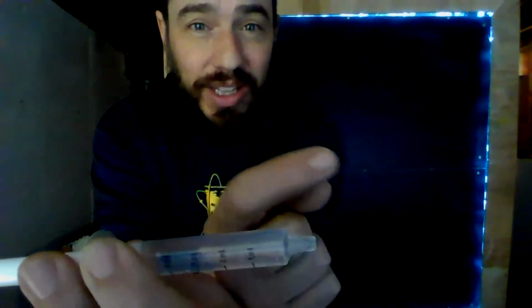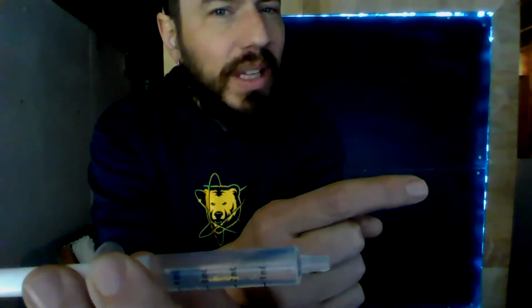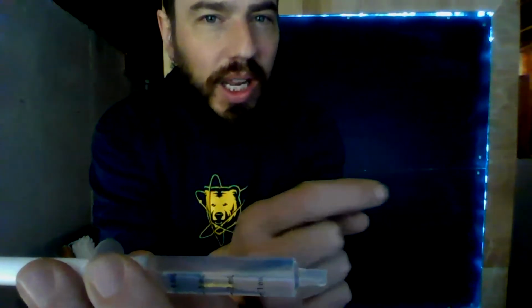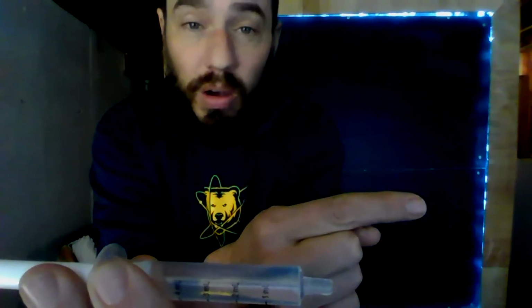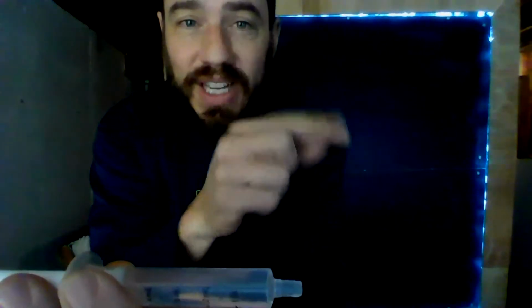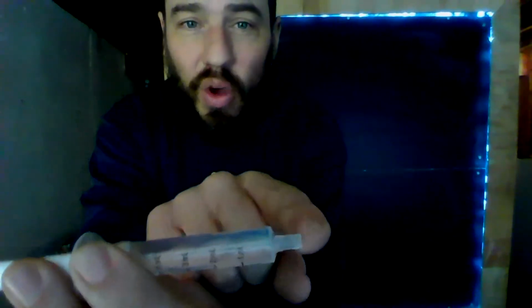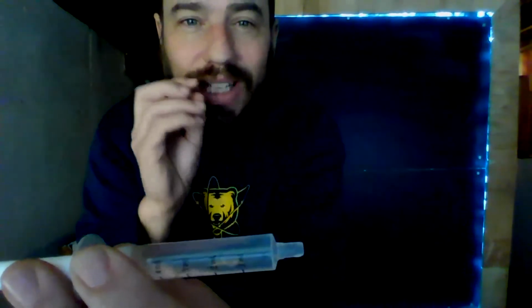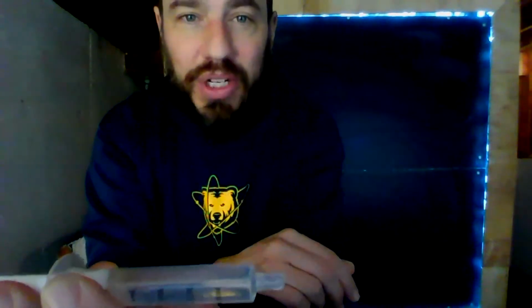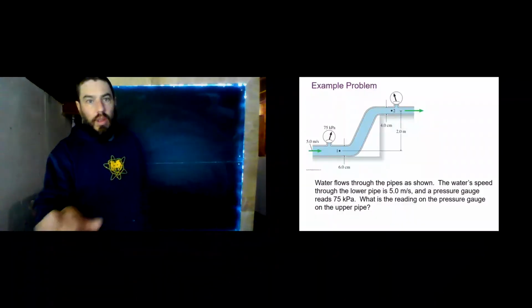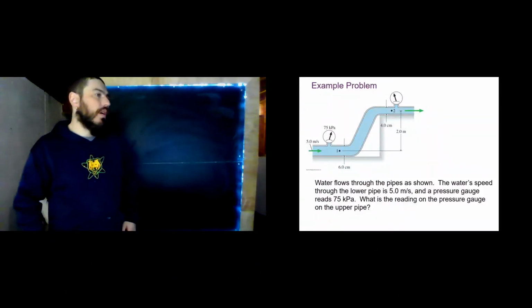We must have an acceleration in this direction. Therefore, we must have a net force on the water in this direction. Oh. If I'm going to get a force in this direction, I must have higher pressure here and lower pressure here, right? This fluid is going to accelerate towards areas of lower pressure. So it's just another way to remind ourselves and wrap our brains around this idea that the internal pressure decreases with increased velocity. Okay, let's do this example.